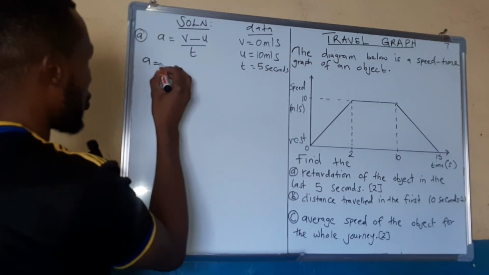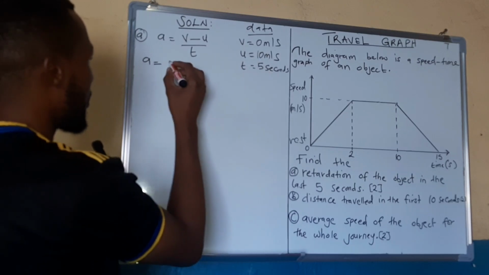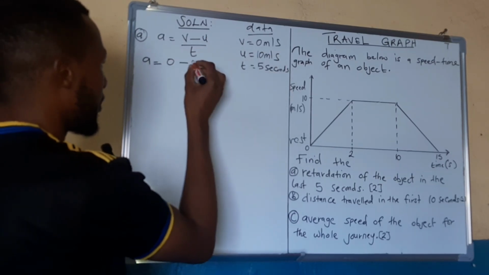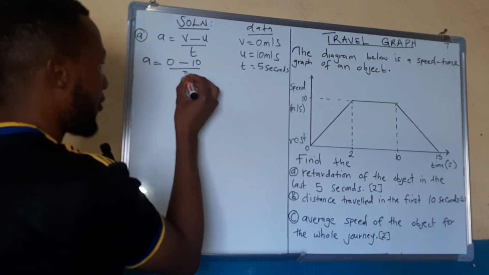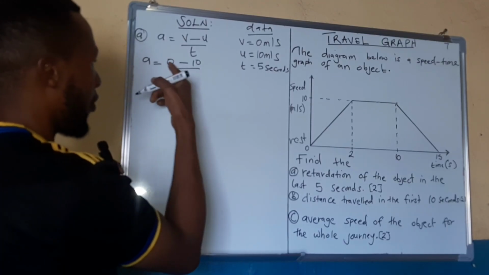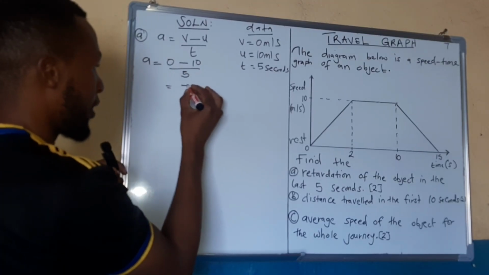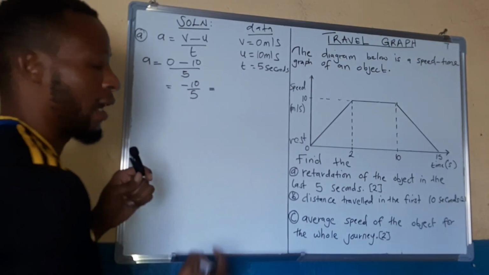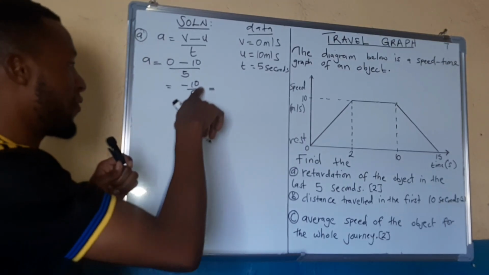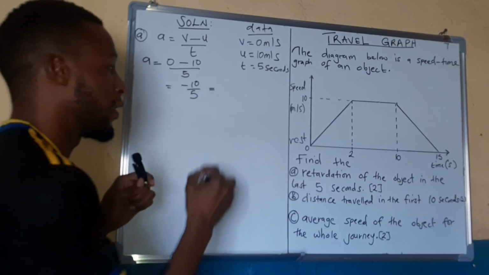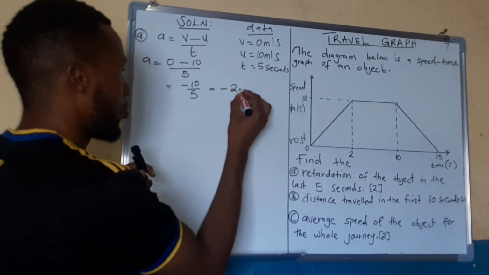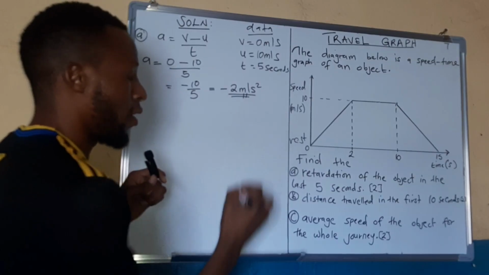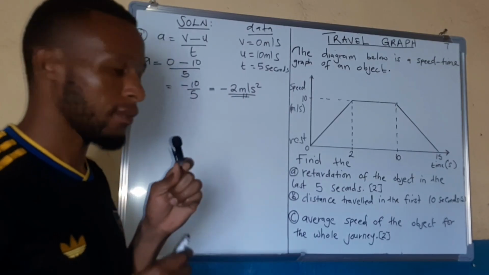So a equals (0 minus 10) over 5. What is 0 minus 10? That is negative 10 divided by 5. Hence, our final answer is negative 10 divided by 5, which is negative 2 meters per second squared. This is our retardation.